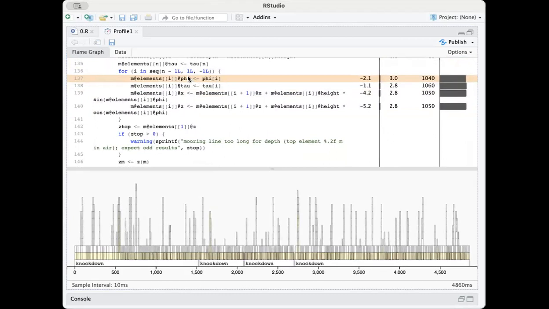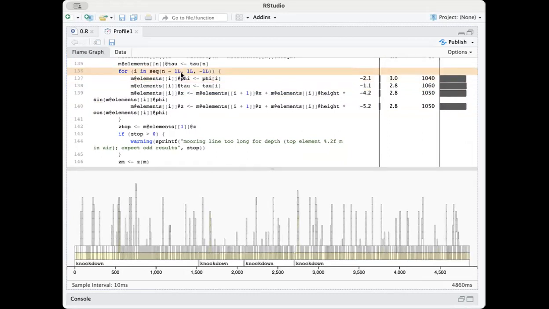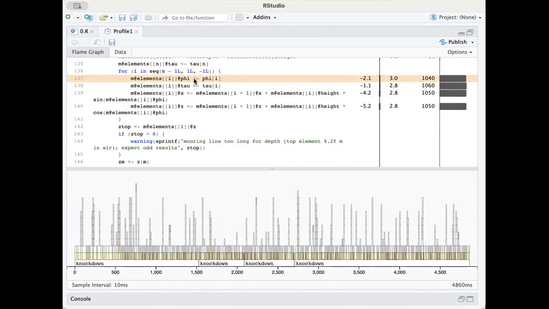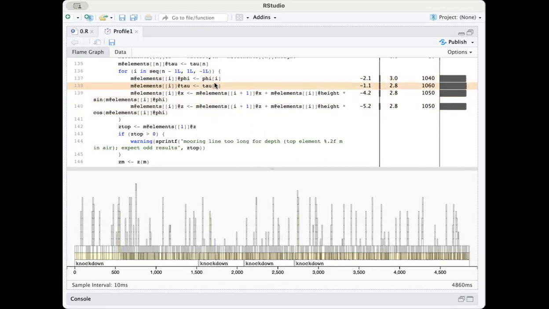And I don't think I can vectorize this @ and this @. I think I'm going to have to do a loop. My guess is, loops are pretty fast in R, so it's not the loopingness that's the problem. Anyway, this is what I need to be thinking of next. This is where the time is being consumed.